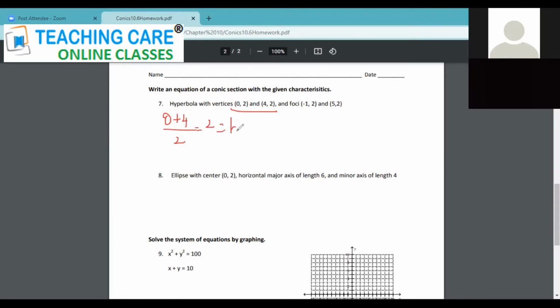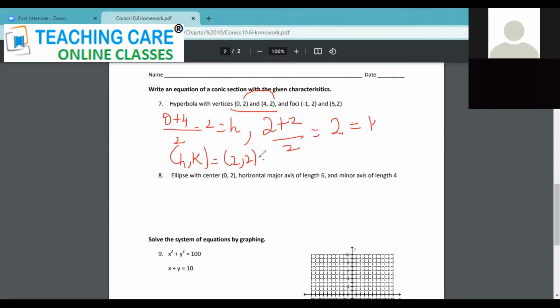That is your H. And then 2 plus 2 divided by 2, so 4 divided by 2, which is 2. So your H and K are nothing but 2 comma 2. Okay, got it now? Yes.